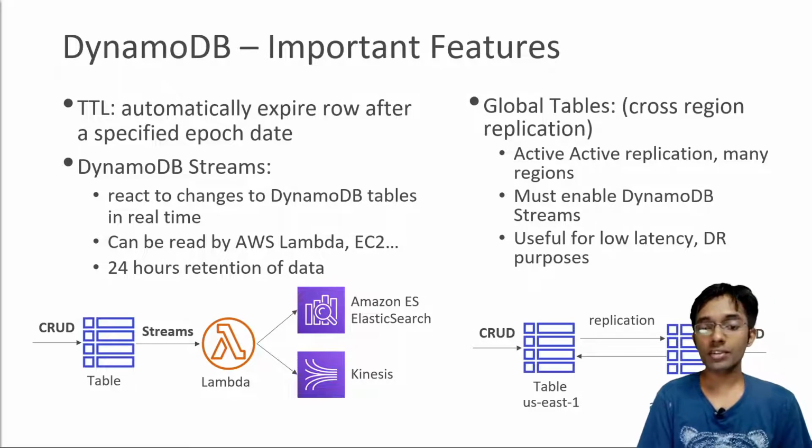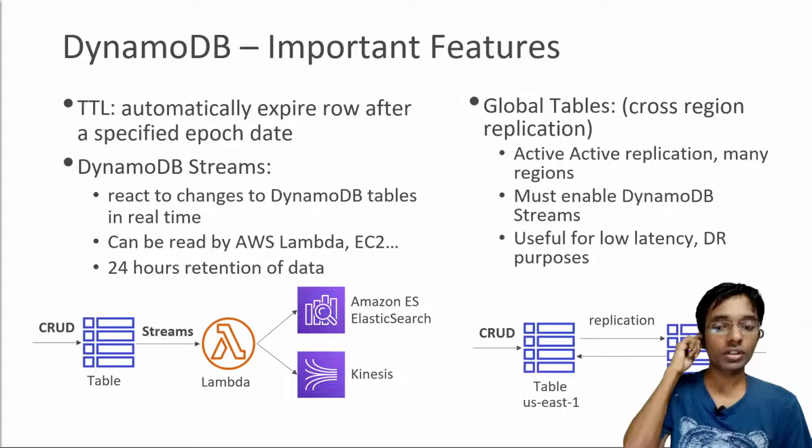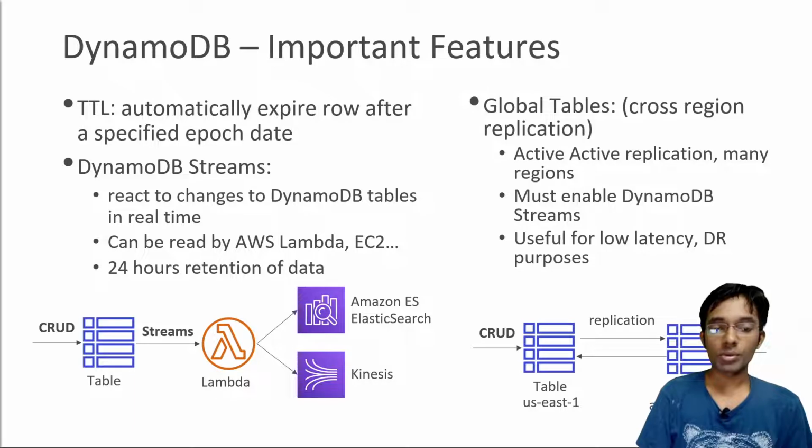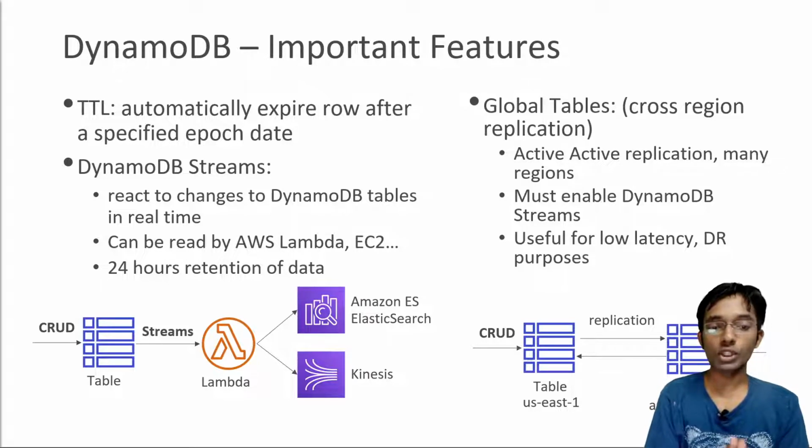That stream can be read by a Lambda, and then from Lambda you can, for example, put the data into Amazon ES Elasticsearch, or Kinesis if you wanted to have maybe a Kinesis Analytics application downstream on top of it. So this is a very, very common solution architecture.